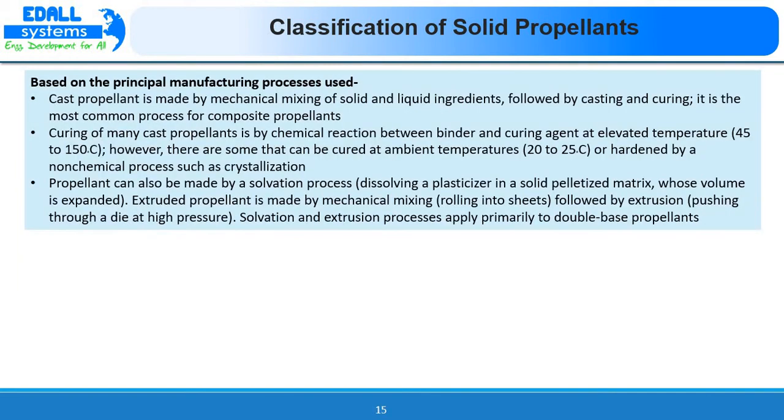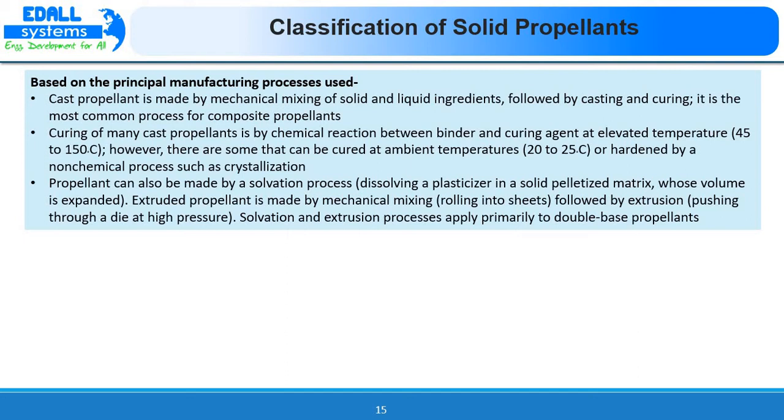Then the next classification we will see is based on the principal manufacturing processes used. So we have seen that cast propellant and extruded propellant are there under this category. Cast propellant is made by mechanical mixing of solid and liquid ingredients, followed by casting and curing. It is the most common process for composite propellants.